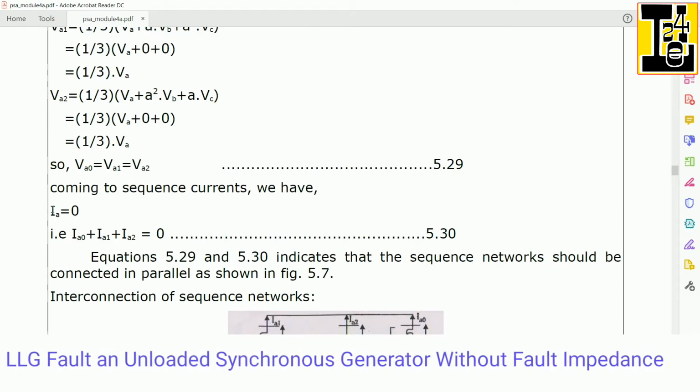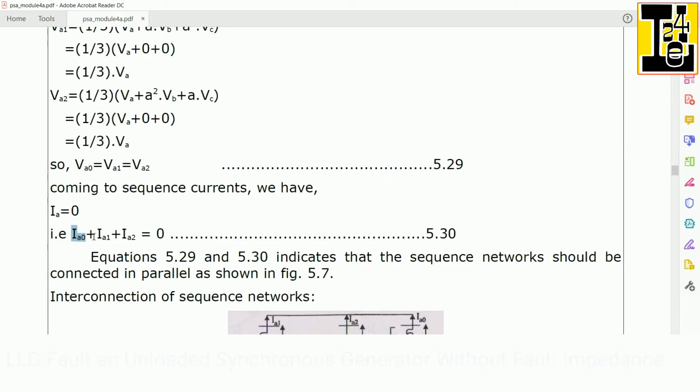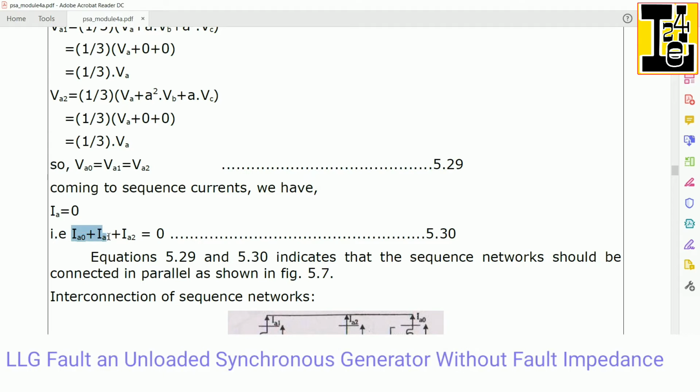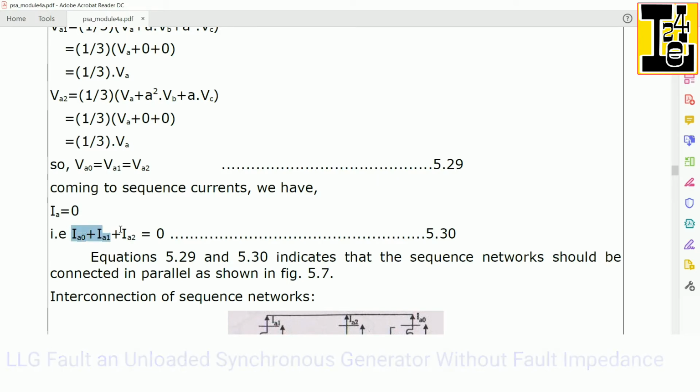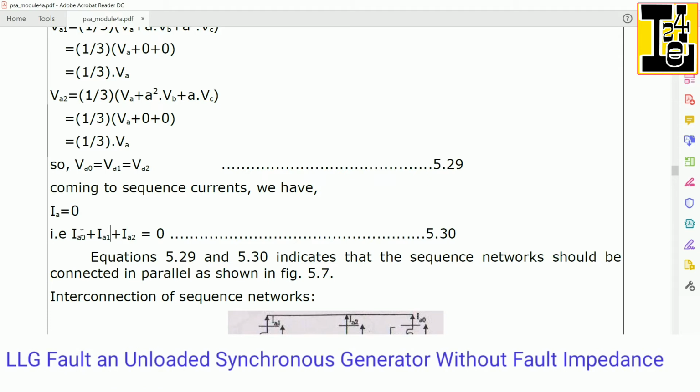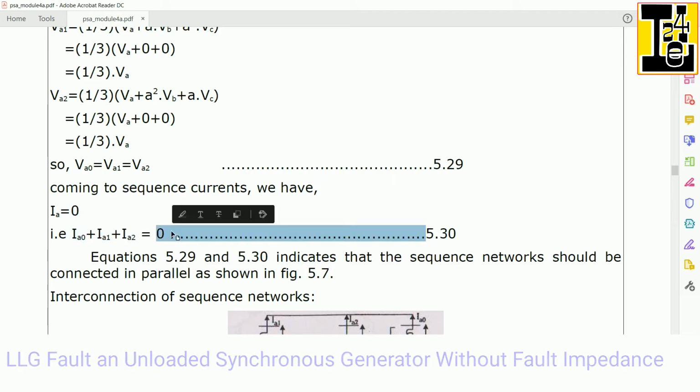We have the terminal condition IA is equal to 0. We also know that IA in terms of symmetrical components is the sum of the zero sequence line current, positive sequence line current and negative sequence line current. As IA is equal to IA0 plus IA1 plus IA2, and IA is 0, we can equate this expression to 0.